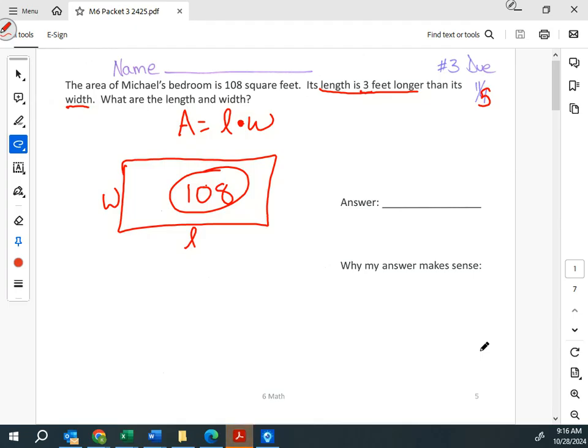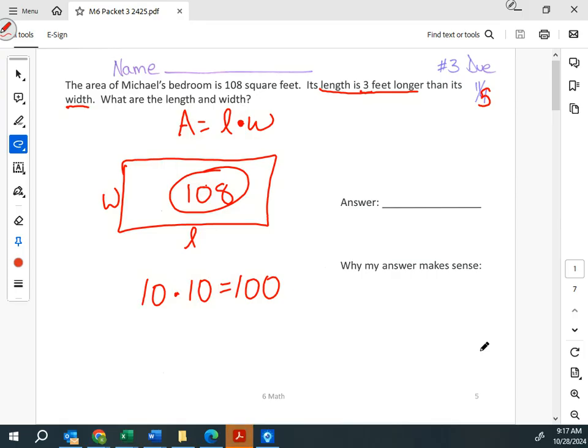And we know that our length is 3 more than the width. So let's say if our length and our width were 10s, 10 times 10 equals 100. That's just something I know.